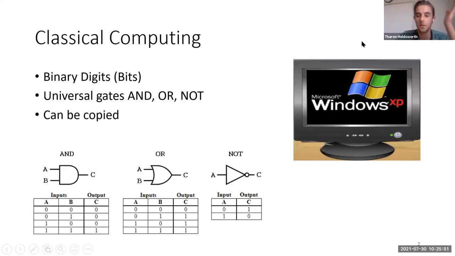So in classical computing, like kind of what we're doing now, the way we're able to communicate, and really the birth of modern technology, is based around bits and binary digits, zeros and ones. And there are interesting theorems from Church and Turing, Shannon, about the types of computations you can calculate using AND, OR, NOT gates. So these are called universal gates of classical computation.